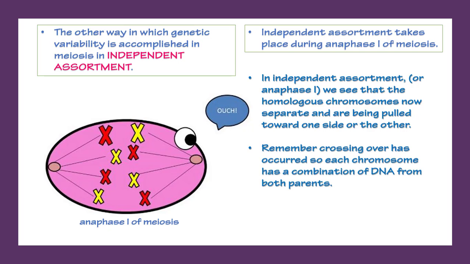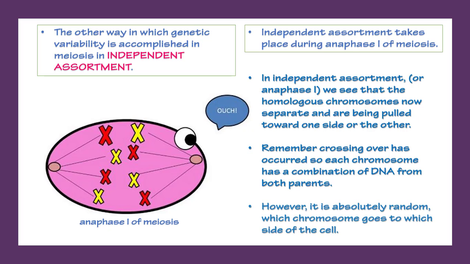And remember, crossing over has also already occurred, so each chromosome has a combination of DNA from both parents at this point. However, it's absolutely random which chromosome will go to which side of the cell. This is why it's called independent assortment.